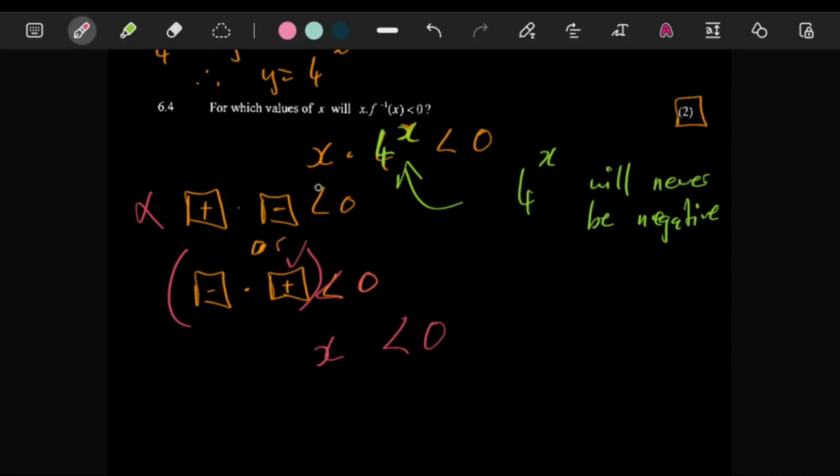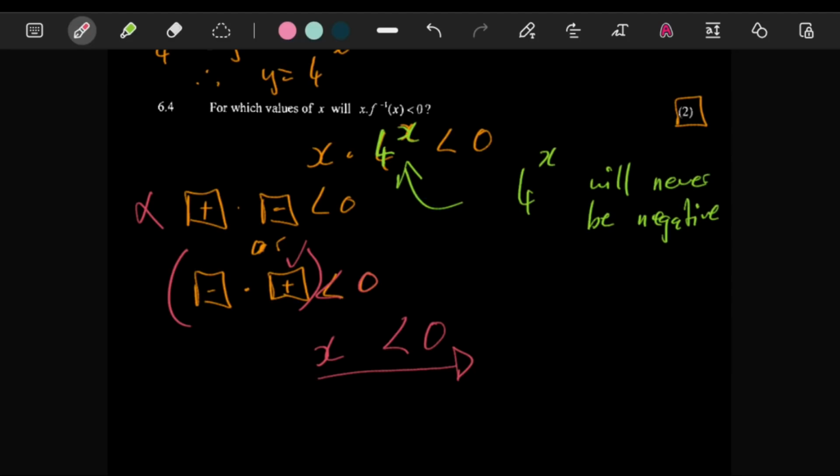If x is a positive number, then the whole thing will be a plus times a plus. So this is your only answer: x has to be smaller than 0. They'll give you 2 marks for that. But anyways, let us move on with this question.